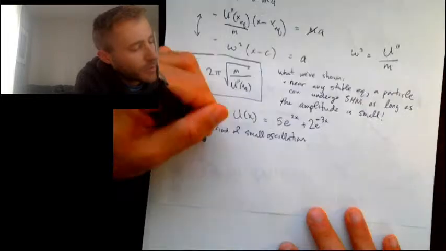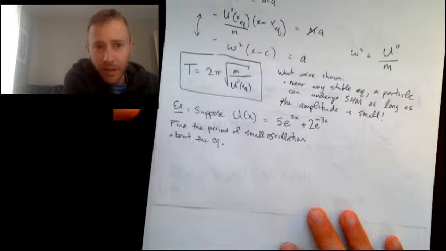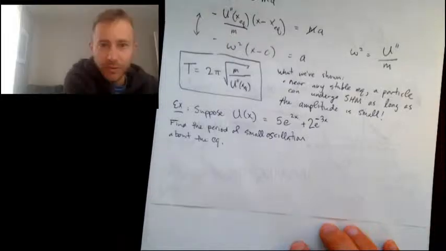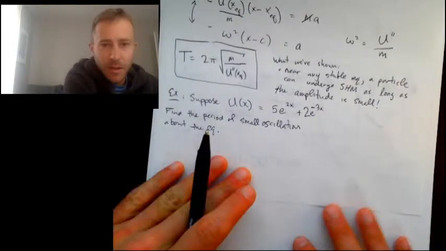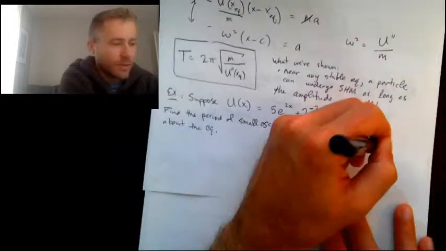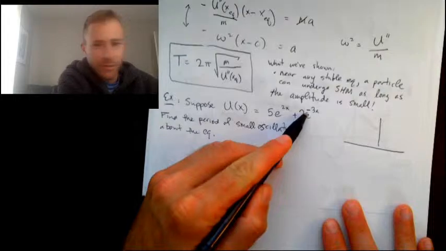Now, one thing we have to check is: does the potential even have a stable equilibrium? And I know that this one does. Why is that? Well, if we think about a graph of e to the minus 3x, it's going to look like this.